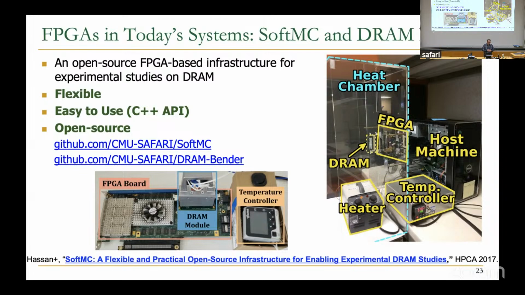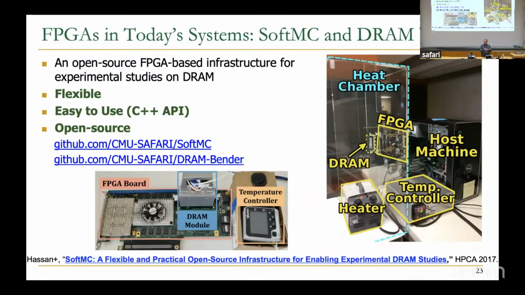So for example, in one of our recent works, we show that commodity off-the-shelf DRAM chips are capable of doing computation. They are already capable of doing functionally complete Boolean logic. You know what functionally complete is, right? So you can implement NAND, NOR, AND, OR, and NOT operations using commercial off-the-shelf DRAM chips.